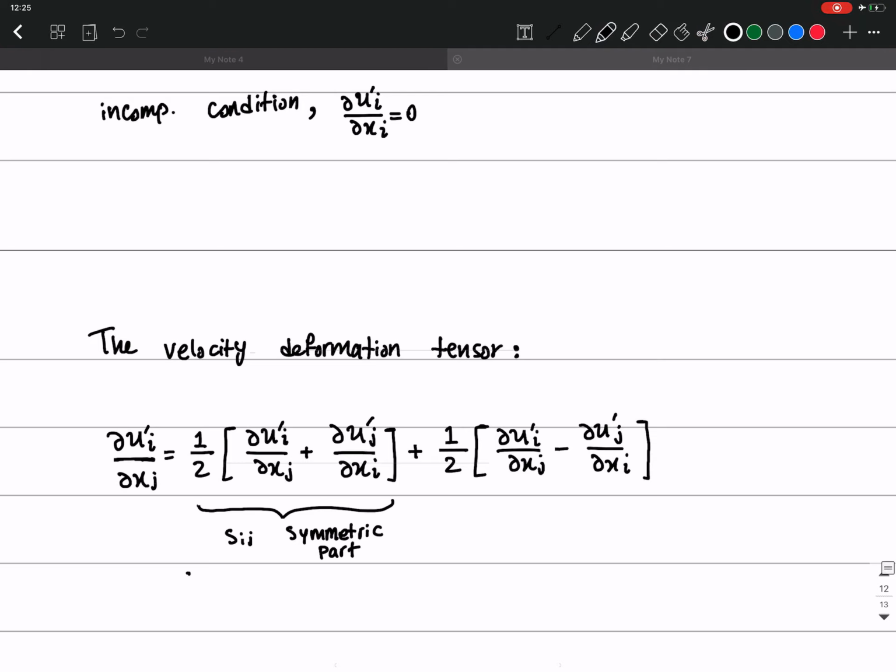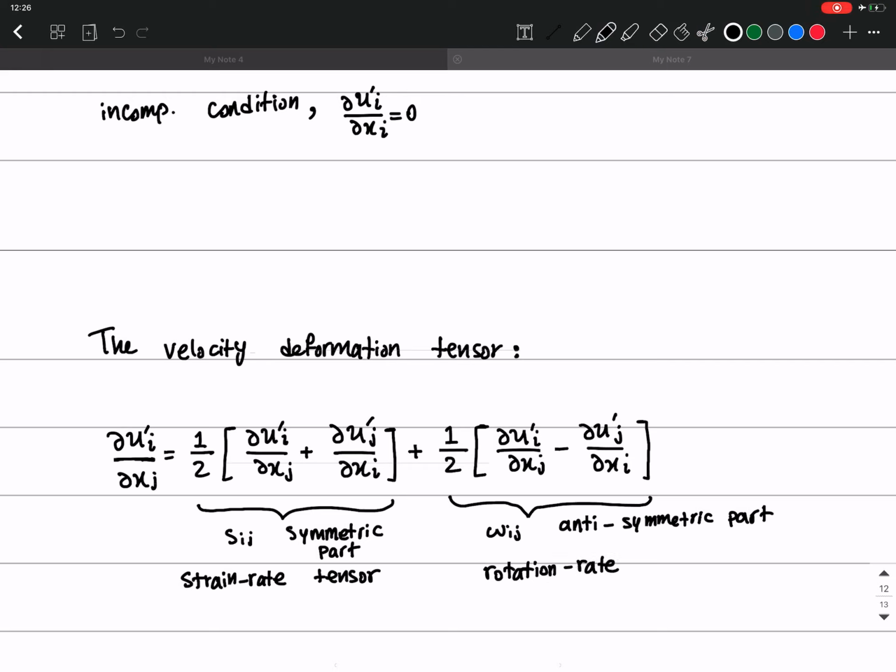And this is actually the strain rate. We call this a strain rate tensor. Okay. On the other hand, the other part, we call this, let's say, omega ij, which is the anti-symmetric part, and is actually the rotation rate tensor.